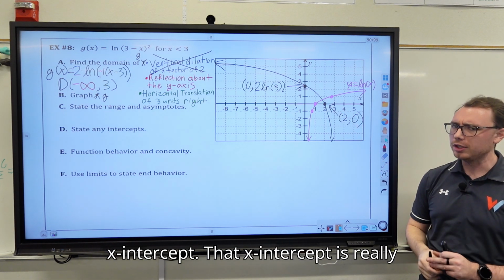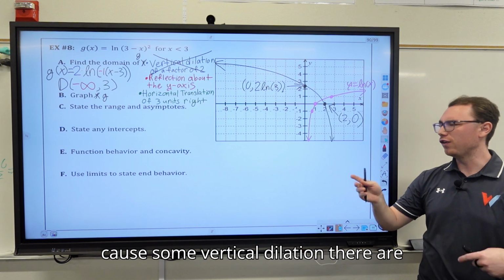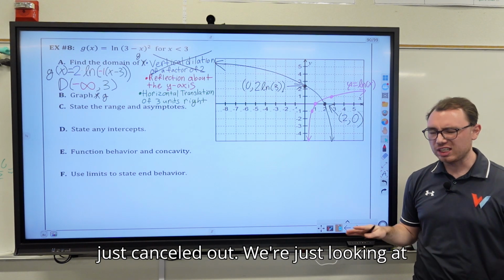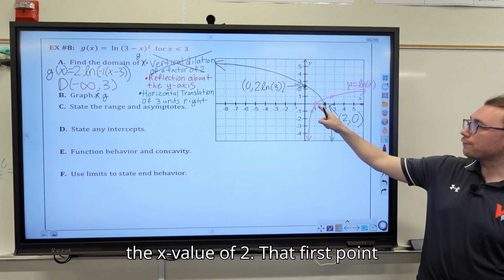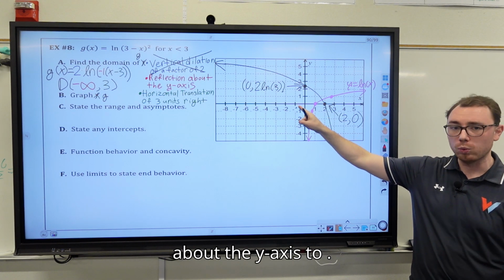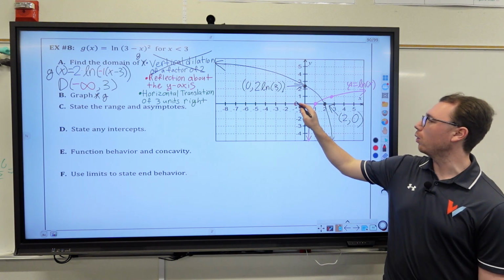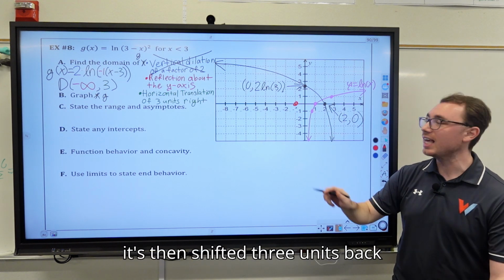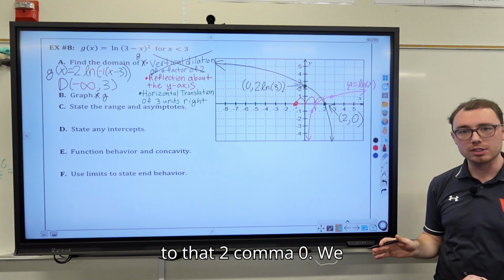That x-intercept is really easy to find because those y values that cause some vertical dilation there are just canceled out. We're just looking at the x value of 2. That first point was 1, 0. It gets reflected about the y-axis to negative 1, 0. It's then shifted 3 units back to that 2, 0.